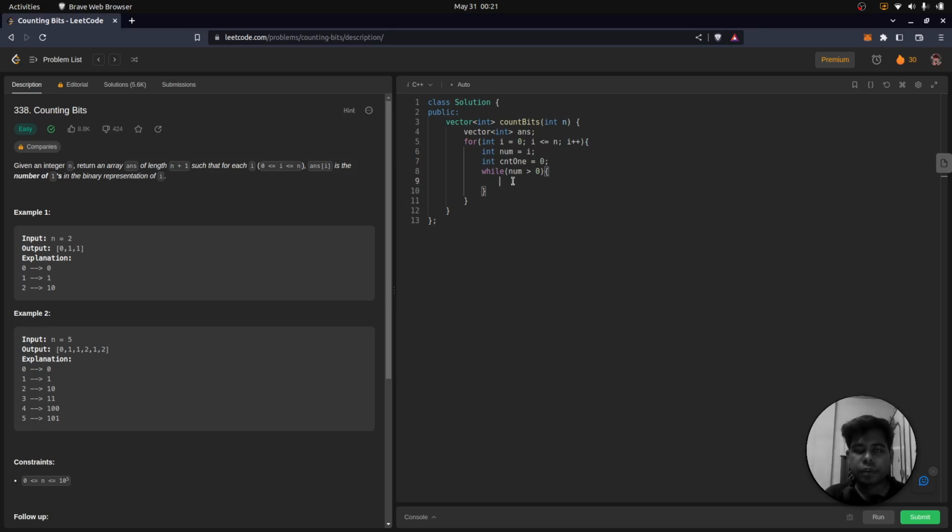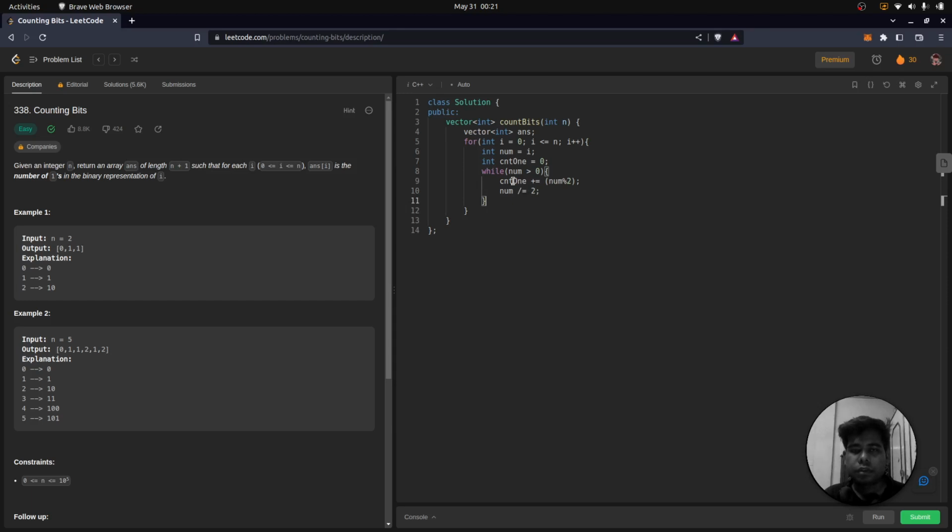So okay, now how we were doing that binary form stuff is you are just basically taking modulo of num by 2 and later making num equal to num by 2.